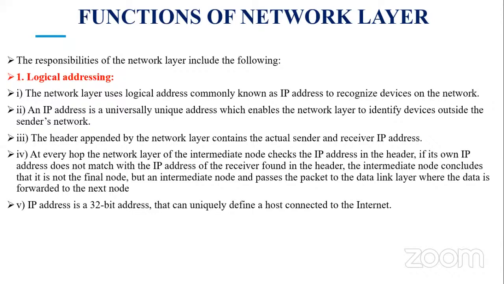Once the network layer receives the segment from the transport layer, it will add the IP address to the segment. Source IP address and destination IP address. The network layer will receive the segment from the transport layer and add the IP addresses of source and destination to the segment.